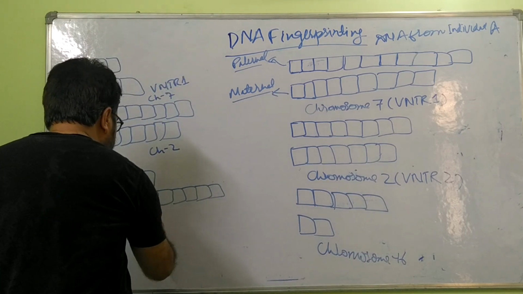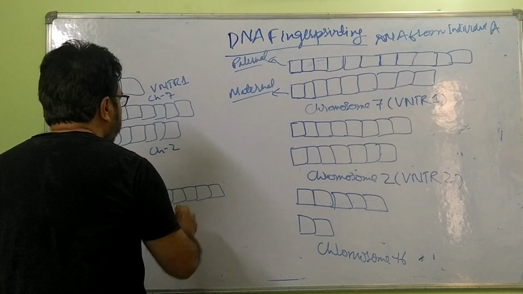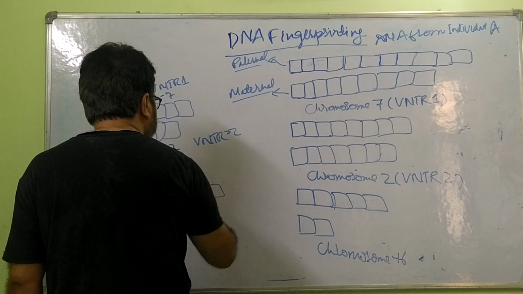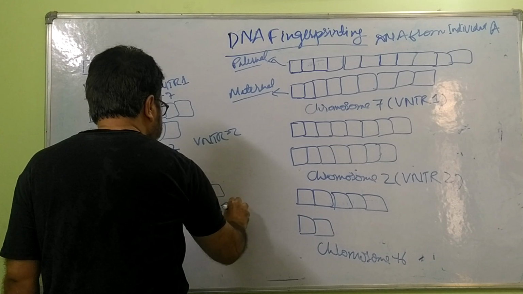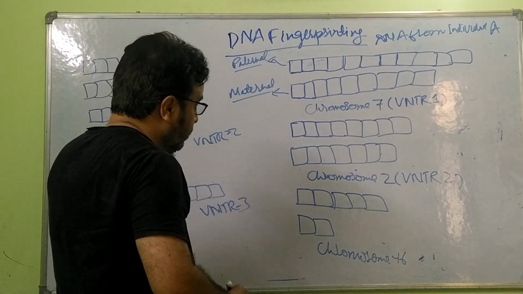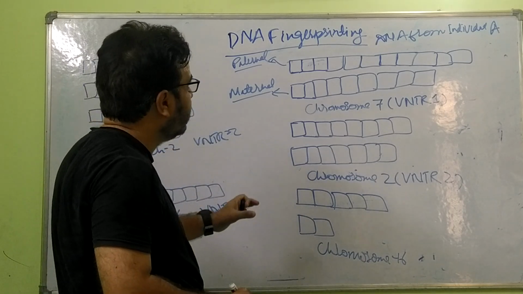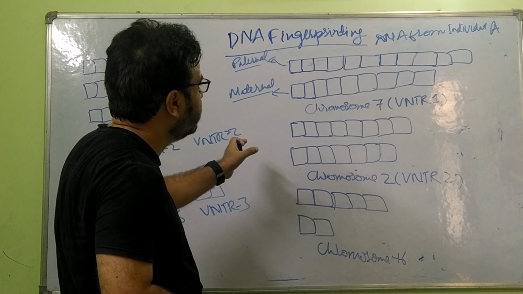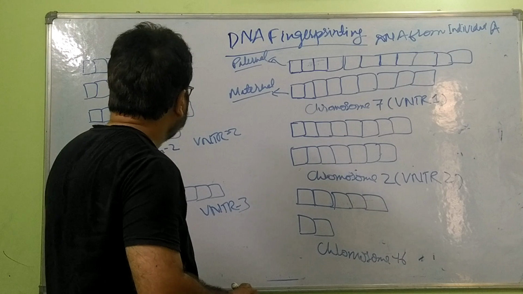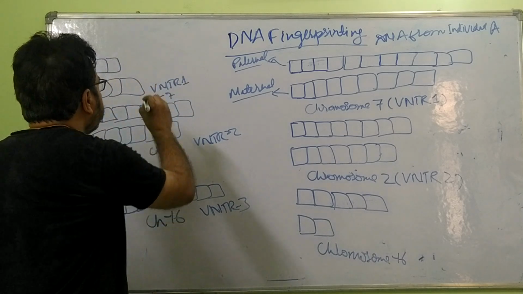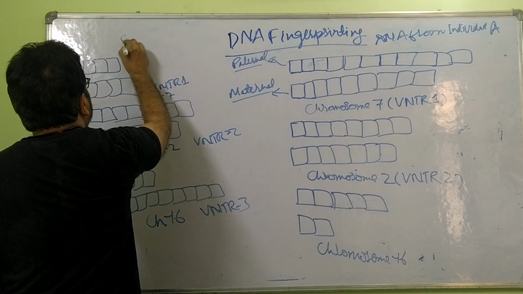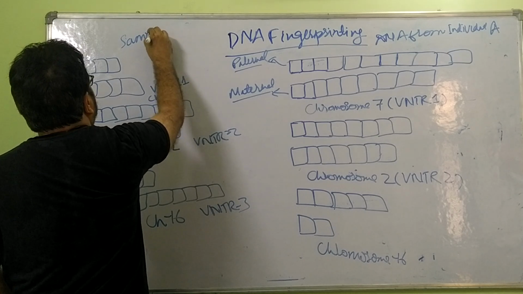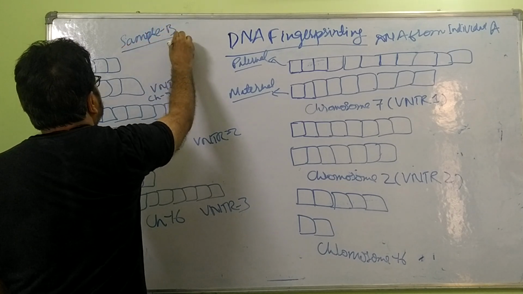So this is chromosome 16 or VNTR 2 and VNTR 3. These were the two samples. This is from the sample B. DNA from the sample or individual B.